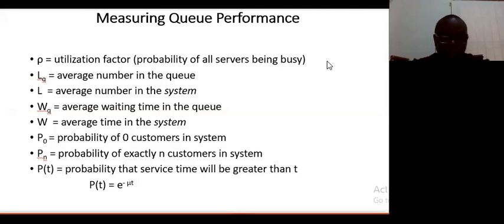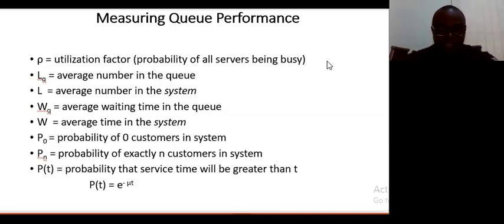The first one is rho, and it denotes the utilization factor. It could also be referred to as the probability of all servers being busy. Probability that all servers in the system are currently busy.